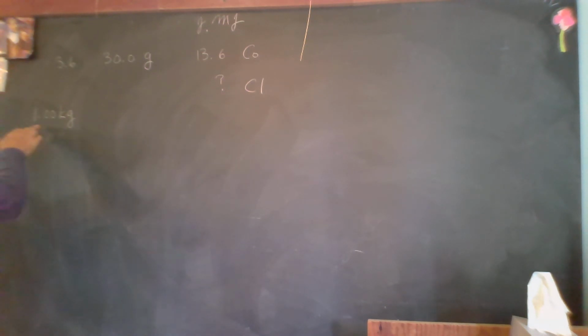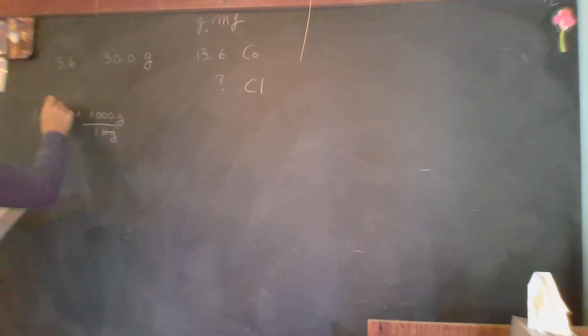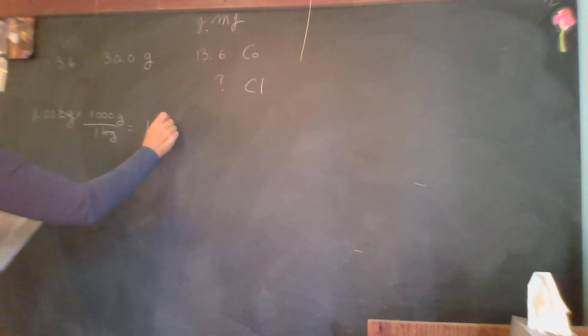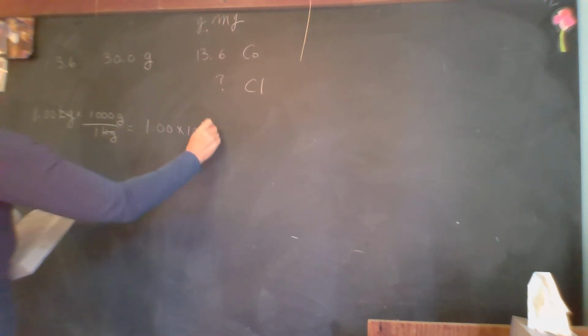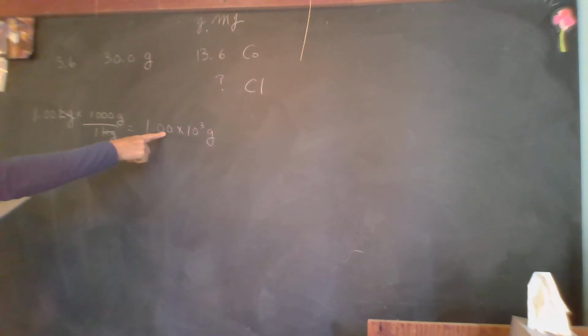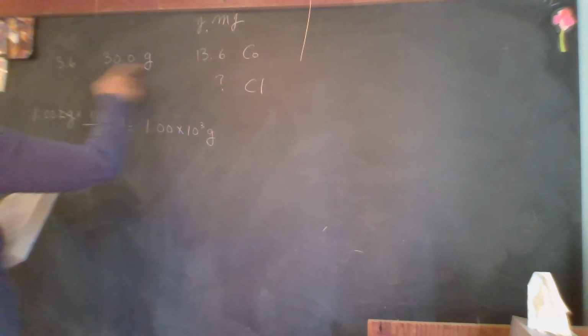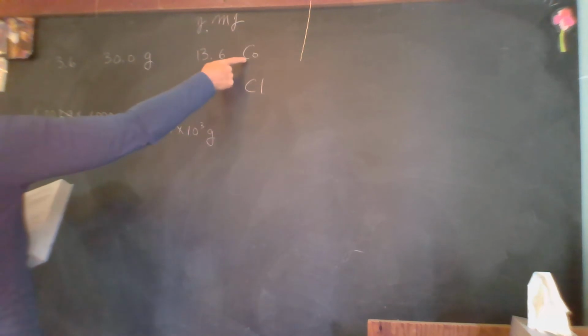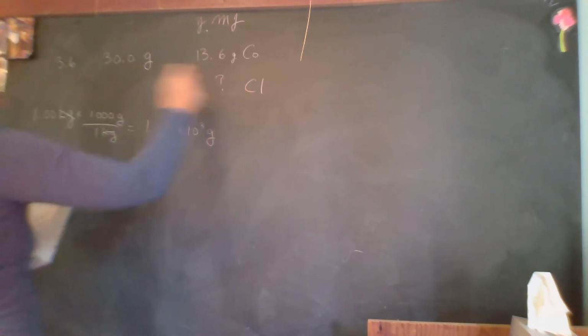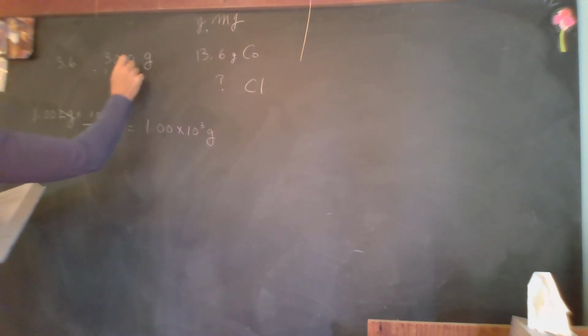The first thing I'm going to do is convert this to grams. I'm going to keep it in this form so that I can remember my significant digits. Okay, so if I got 13.6 grams of cobalt, how many grams of chlorine were there?